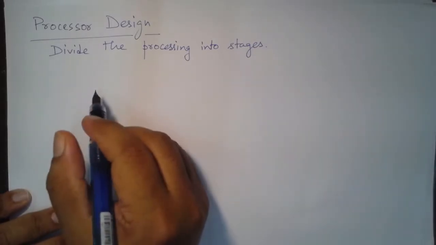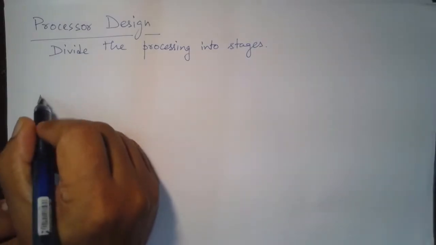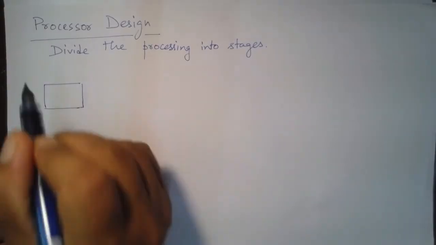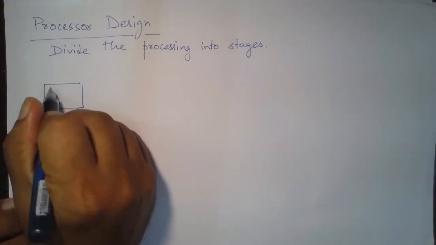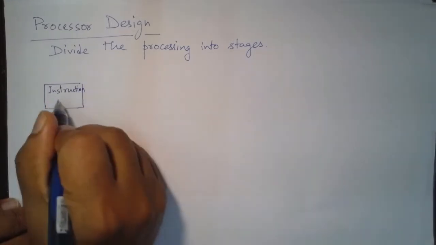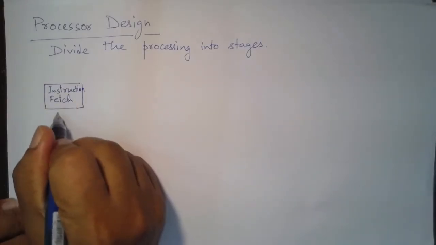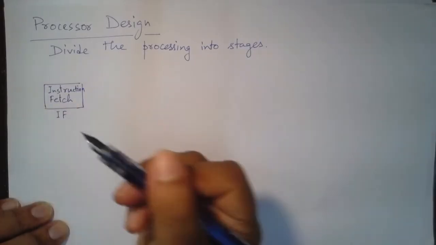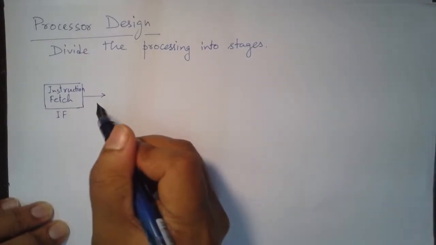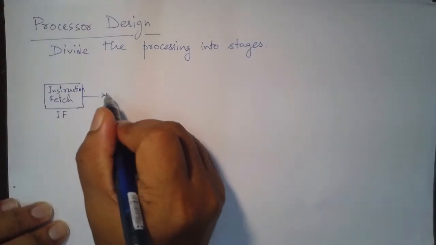The processor is divided into stages which are broadly, let us say, the first task you will be doing is instruction fetch. You will have the instruction in memory, so you have to fetch it. We will call this stage IF, instruction fetch. After you are done with fetching the instruction, the next thing is to fetch the operands.